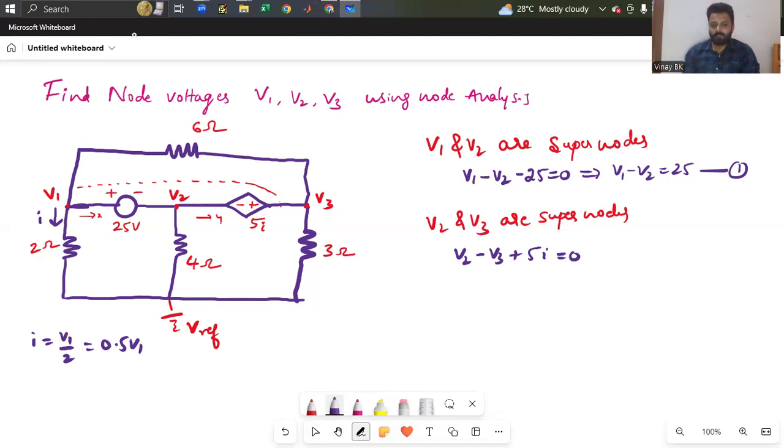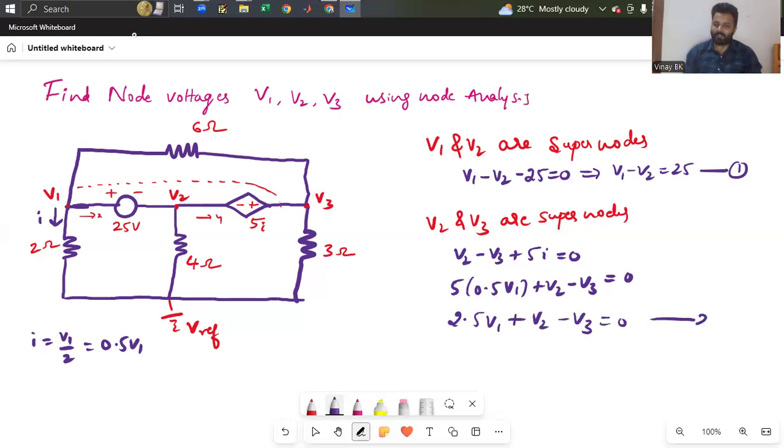You get pi into 0.5 times V1 plus V2 minus V3 equals 0. So pi into 0.5 is nothing but 2.5. So I can write 2.5 into V1 plus V2 minus V3 equals 0.